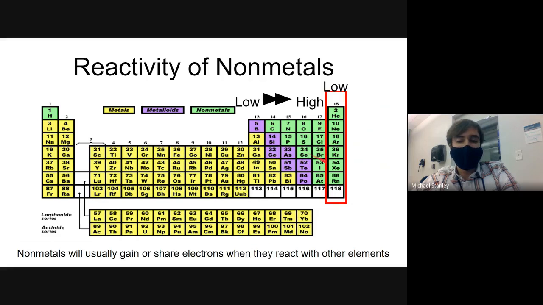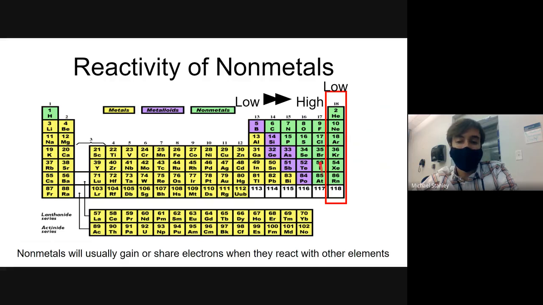Our nonmetals over here, again, are very brittle, bad conductors, and tend to be gases. They actually have the opposite situation, where the left-hand side nonmetals tend to be less reactive, and then they get more reactive as you go to the right. Like group 17 right here, the fluorine and the chlorine and the bromine.